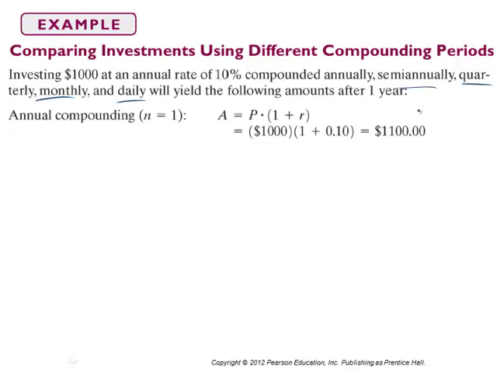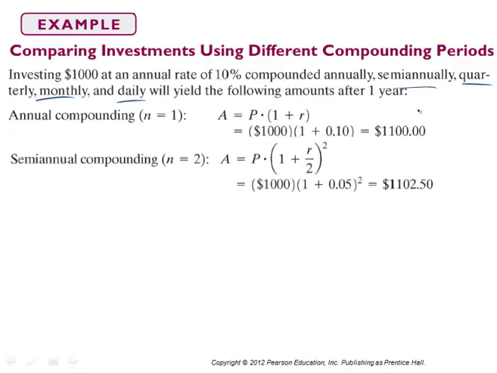Do you suspect that if you have semi-annual compounding that you'll have a slightly higher balance? Well, let's take a look here. This is what it looks like if you have semi-annual compounding. Remember the compound interest formula. The principal is still going to be the same, 1,000. But this time n is 2.